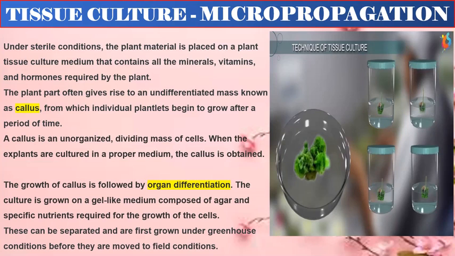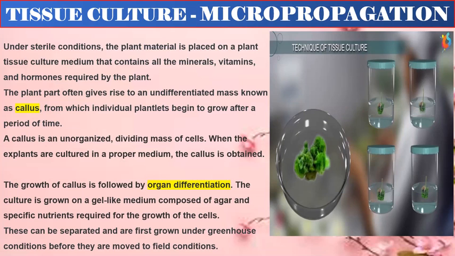The plant part often gives rise to an undifferentiated mass known as callus, from which individual plantlets begin to grow after a period of time. A callus can be defined as an unorganized dividing mass of cells. When the explants are cultured in a proper nutrient rich medium, the callus is obtained.